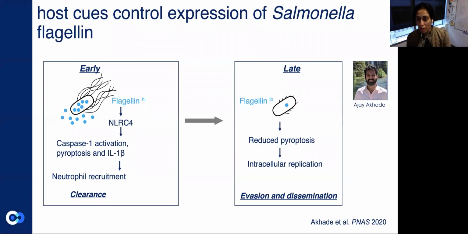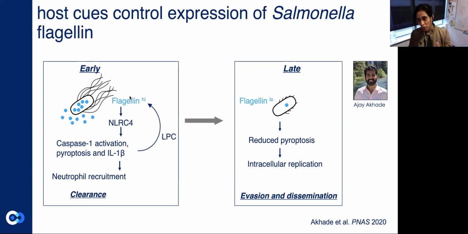And so in recent work, we focused on this, and we actually found quite an unexpected role for the NLRC4 inflammasome and for caspase-1 in actually regulating expression of its own ligand, that is flagellin. And so in a gist, what we found is that activation of NLRC4 and caspase-1 and the accompanying cell death is accompanied by release of this host lipid, which can actually signal back to Salmonella and increase expression of its flagellin.